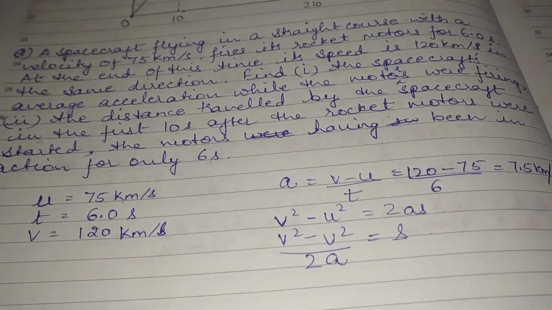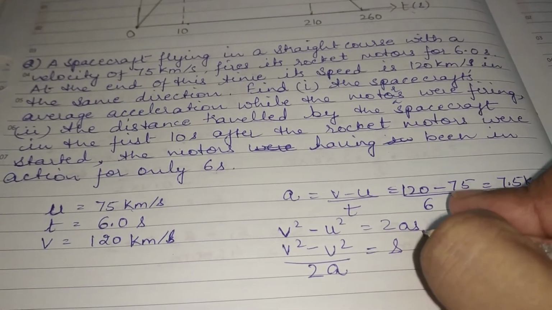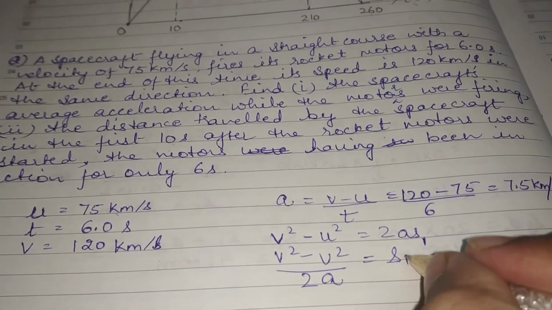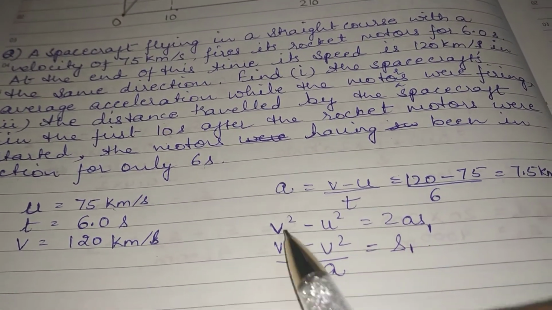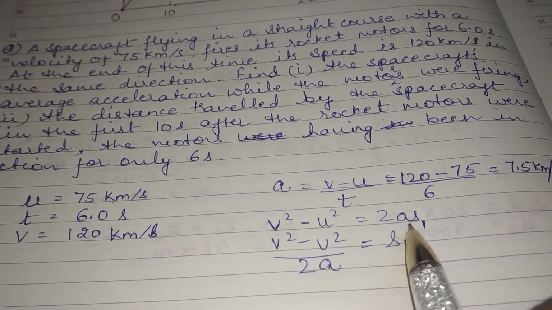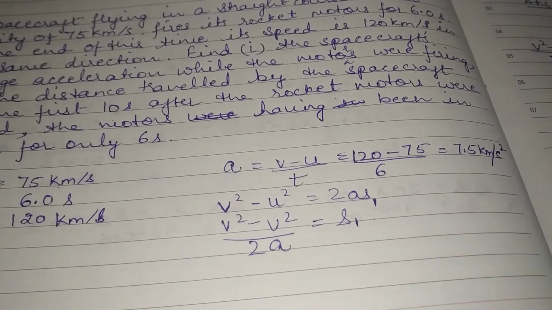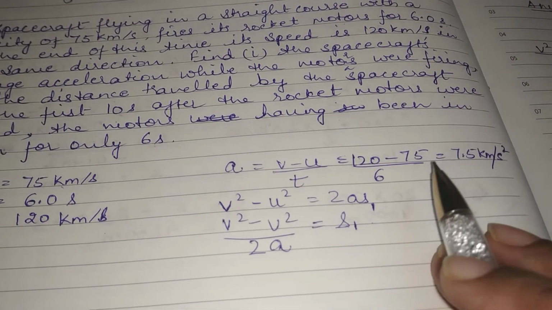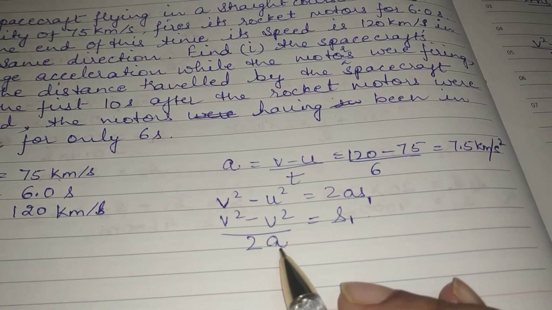So for the first part, let us use the third equation of motion. Let's say the distance traveled in the first 6 seconds is S1. So the third equation of motion is V square minus U square equals to 2AS1. Acceleration you have found just now, which is 7.5 kilometer per second square. So we will put the value of acceleration here.